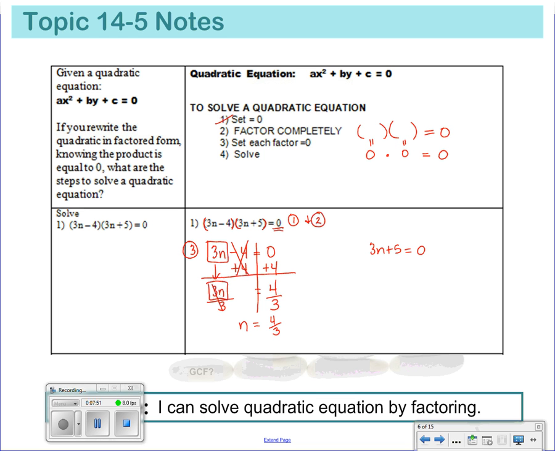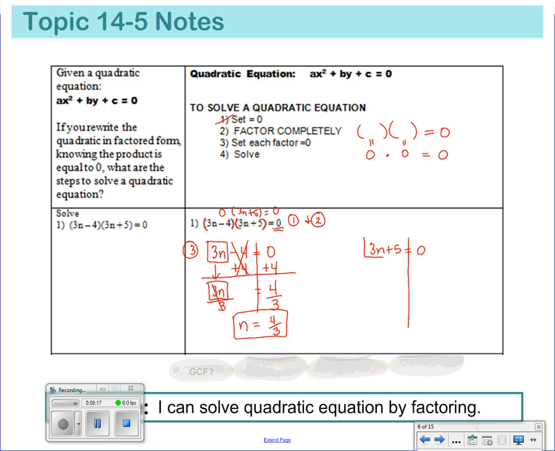So one way we can get these two factors multiplied together to give us 0 is if n is equal to 4/3. If I plug that into my first parenthesis, that gives me 0, and then 0 times n plus 5 is 0, because anything times 0 is 0. So now let's check out the other one. We have 3n plus 5.